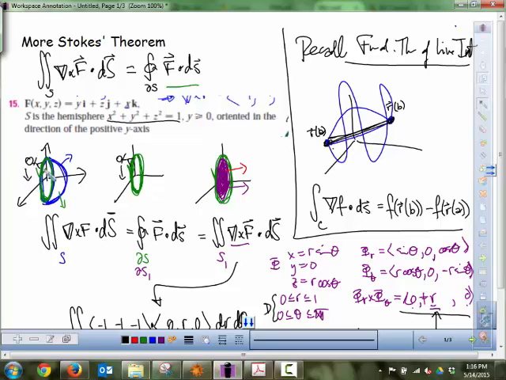If I'm walking along this, regardless of where I am, if I follow my left side, that's where I'll see my positive vectors pointing out. It'd be easier if I was walking on this one, right? I'd be walking along this way, and then the normal vectors are pointing out on the left side of the surface.